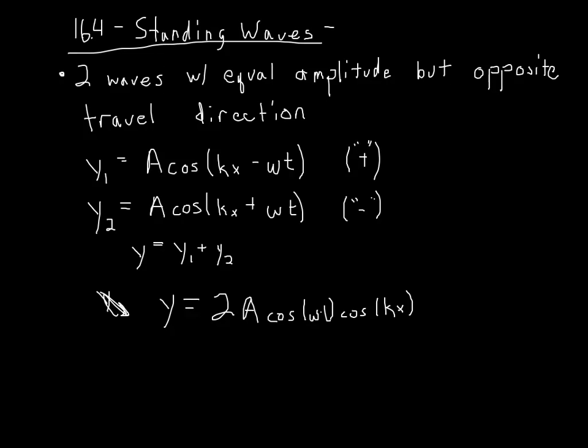A couple more terminology things to note. When these waves traveling cancel to 0, so this is when a crest meets a trough, I have something called a node. This would be destructive interference, waves canceling.